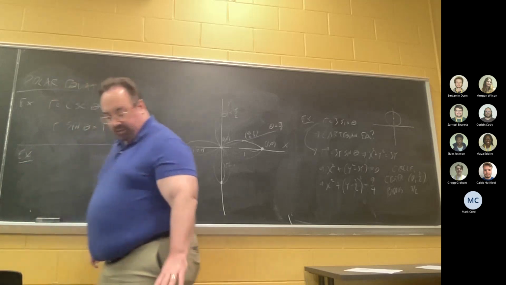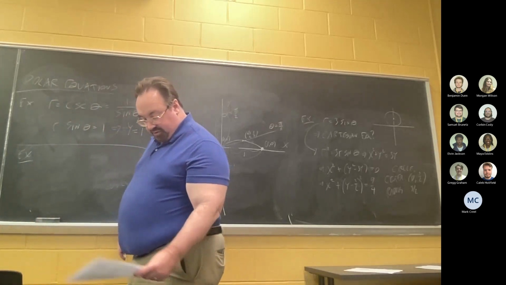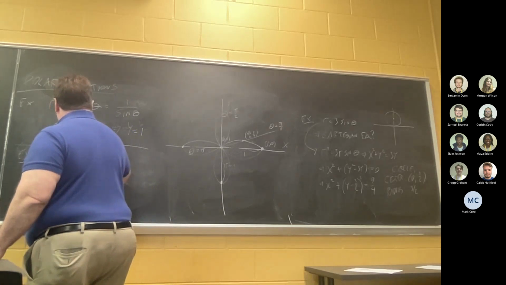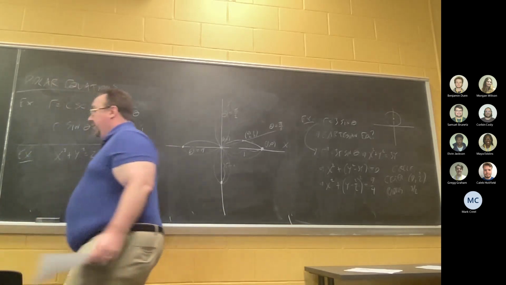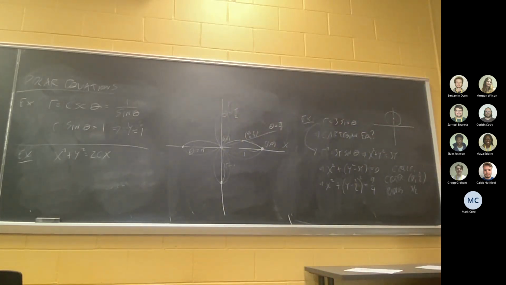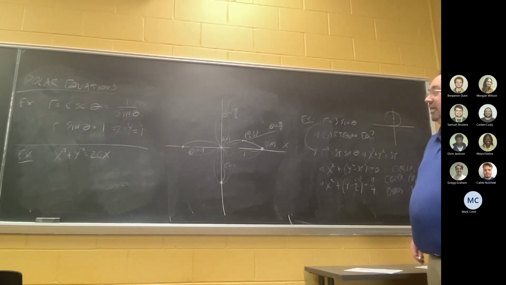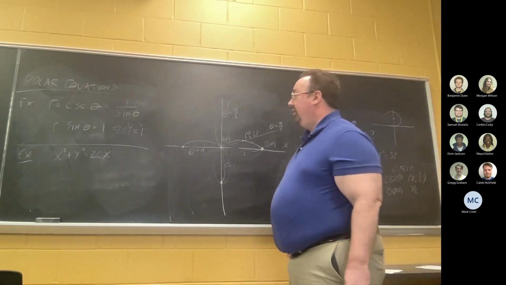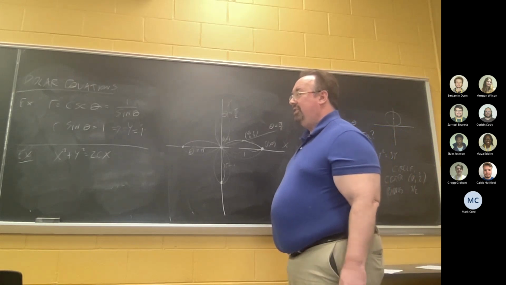So the other way: start with an equation in Cartesian coordinates and convert to polar. The 2cx, c is some constant.